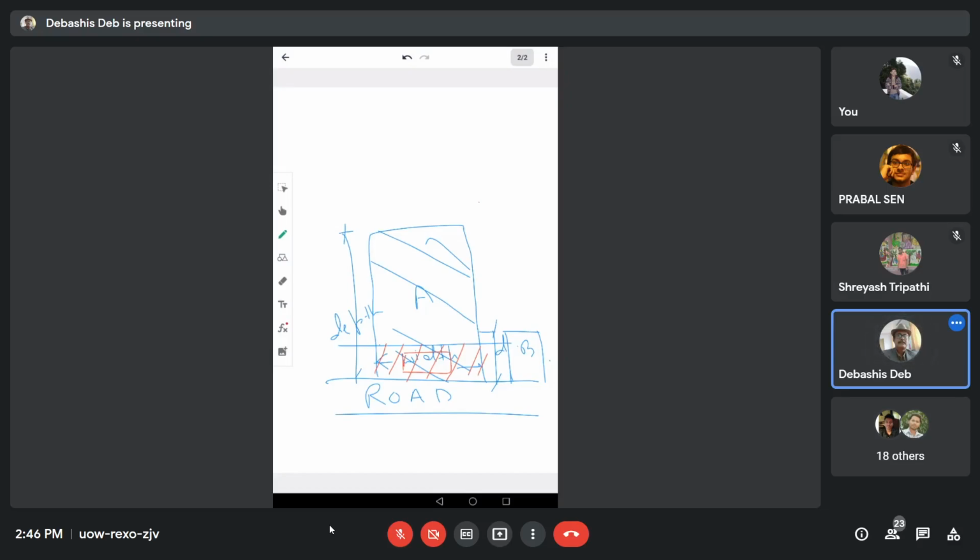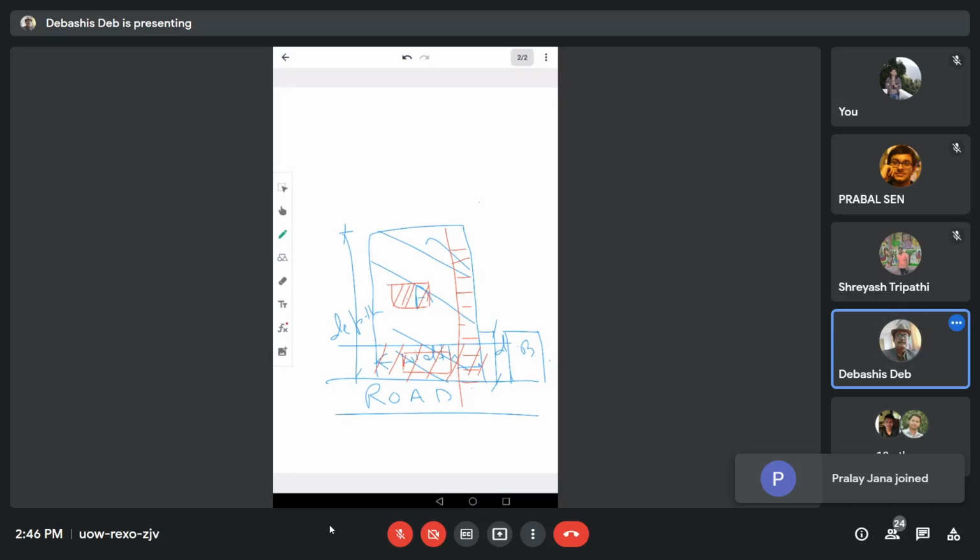But as I go inside the plot, say if I construct a building here, the occupiers will not get direct approach of the road. They may use it by allowing this much area as a road corridor.